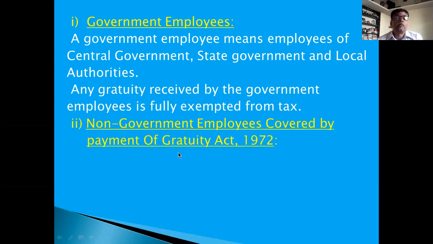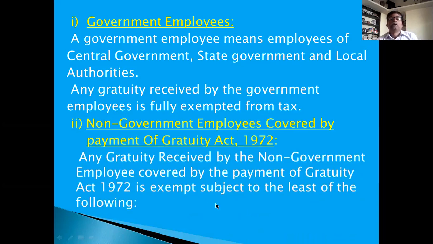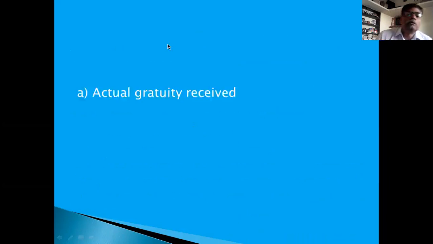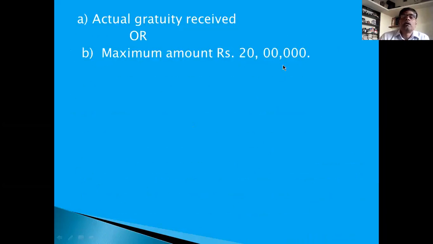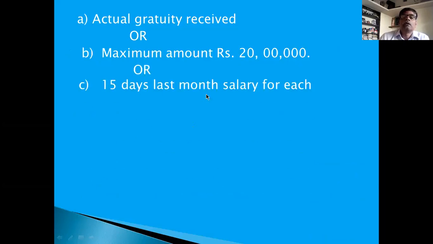For a non-government employee covered under the Gratuity Act 1972, the least of the following is exempt. First is the actual gratuity received. Second point is rupees 20 lakh. Third is 15 days salary.